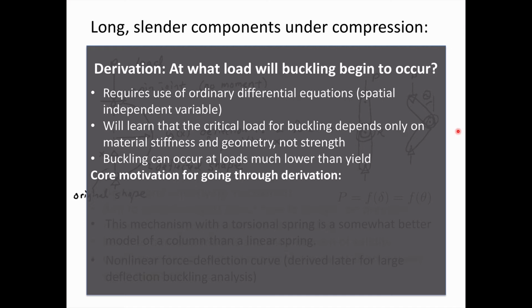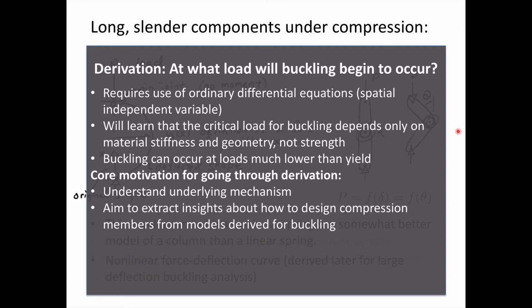So what's the motivation for actually going through this mathematical derivation? Why are we going to do this instead of just handing over the formula to you to apply to analyzing different designs to check when buckling might occur? I really hope that you can understand the core underlying mechanism behind buckling. And going through this derivation, I believe, helps with that.